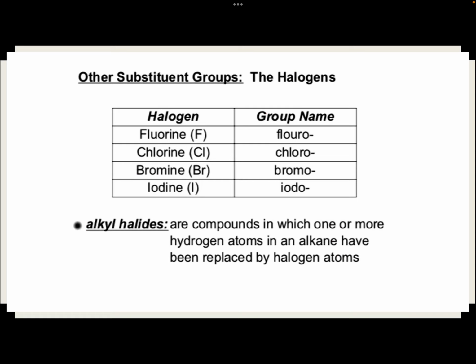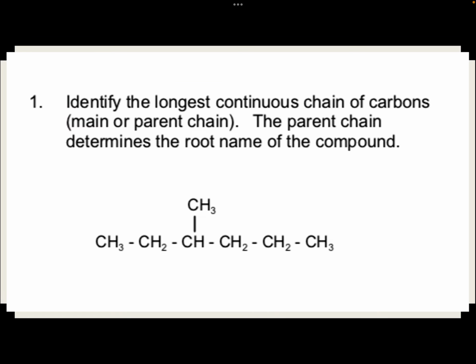So sometimes we have compounds that normally have hydrogen atoms in the alkane, but now they're replaced by a halogen, which could be any of these 4.